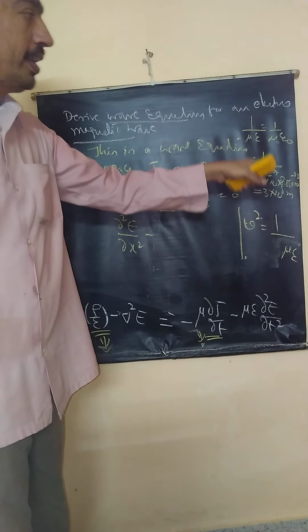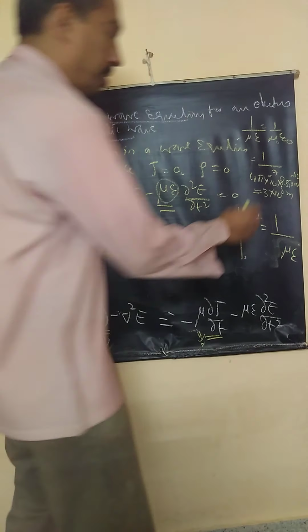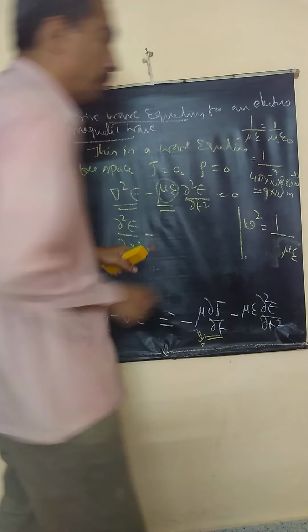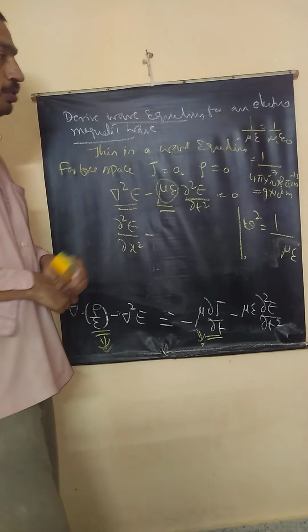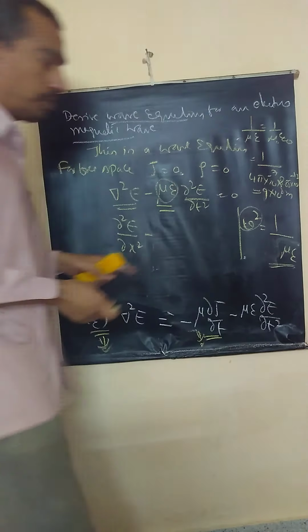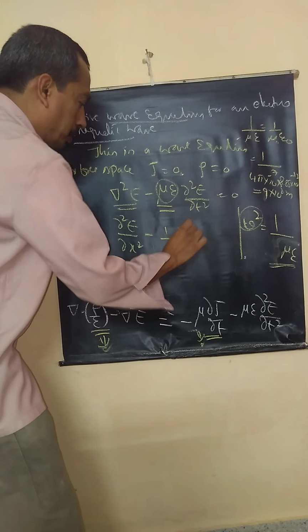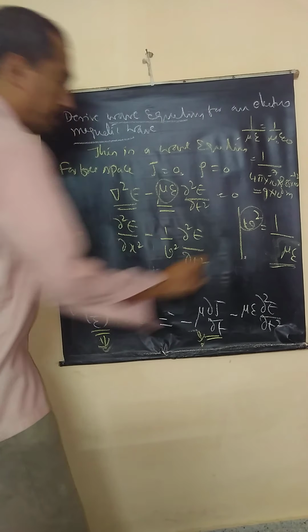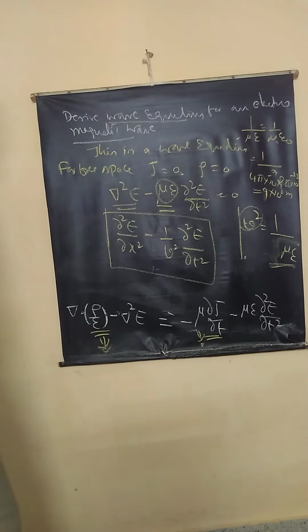1 by mu epsilon has dimensions of V squared, correct? 9 you will get. Do you see that? So 1 by mu epsilon has dimensions of V squared. So I will write that as 1 by V squared into ∂²E/∂t². So this is a standard differential equation for a wave.